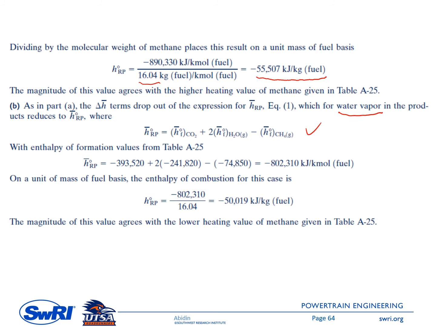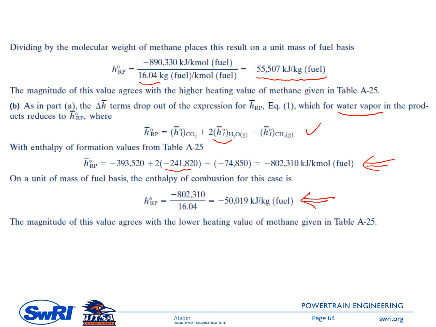But the difference is that you need to grab the enthalpy of formation for H2O as the gaseous phase. Okay, so in this case we have minus 241,820 kilojoule per kilomole.